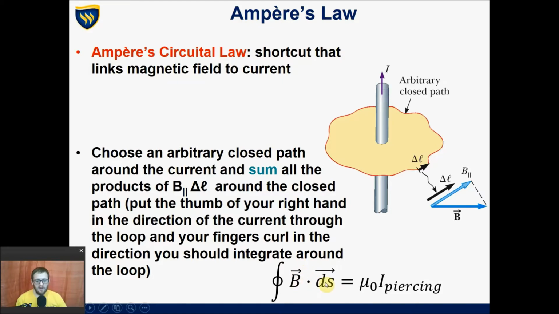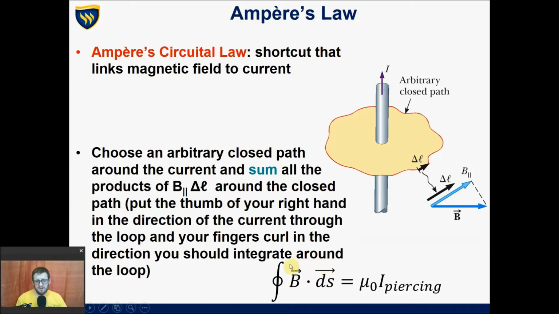We're integrating along some closed path ds, where we start one place and go all the way around and come back to where we started from. Flux is integration over a closed surface, so very different thing. And this little circle means that it's a closed path. We go all the way back and come back around.